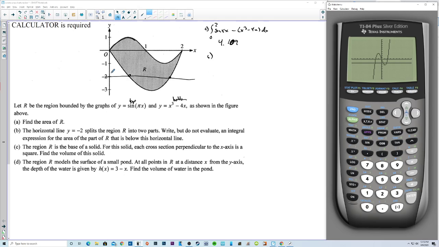I suppose we could have put 0 to 2 and -3 to 1 would have been fine as well. But all I really need is the intersection points. So first curve, second curve, guess.